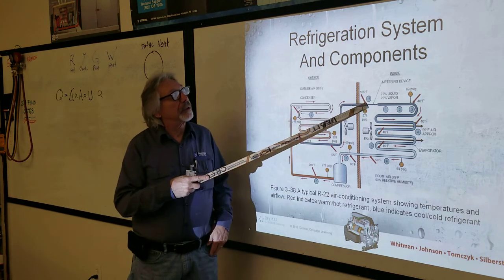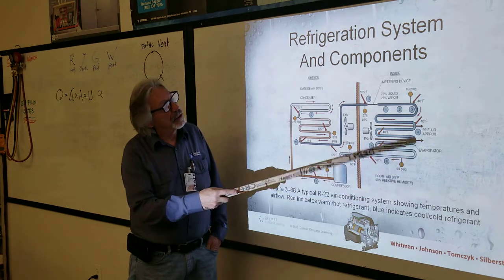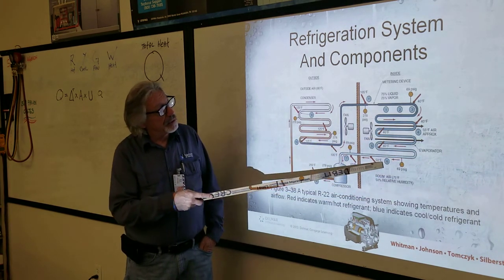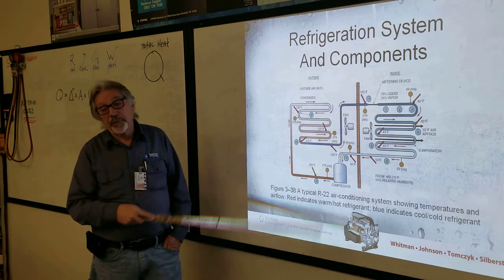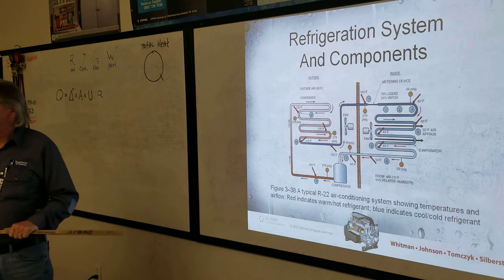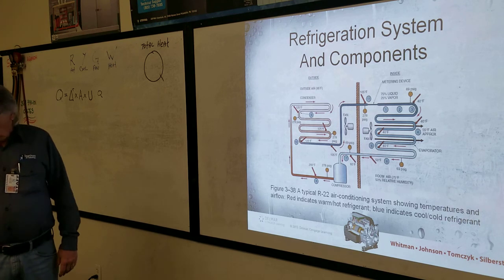Then the same way with the low side of the system, it's a constant pressure of 69 psig all throughout the entire low side of the system until it reaches the compressor. Is that grasping that? Okay.